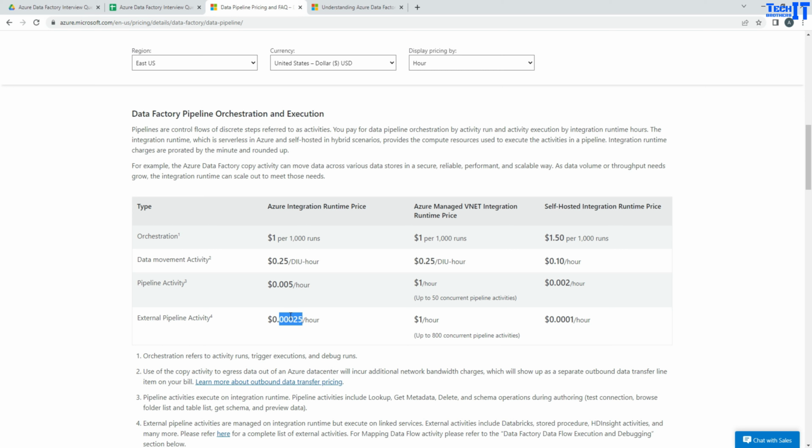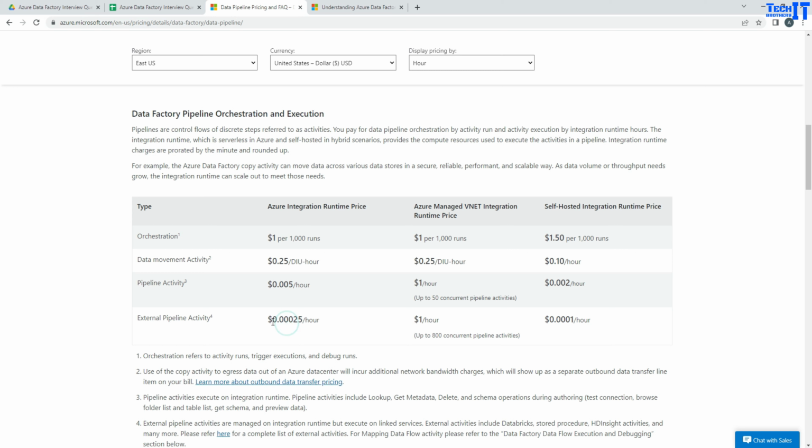For external activities such as stored procedure, Databricks notebook, jar, or Python and all that, you are not going to pay for actual execution, because the execution is happening elsewhere. In case of a stored procedure, it is happening on Azure SQL database, and in case of a notebook, it's running on Databricks. That's where you will be paying the price for it.